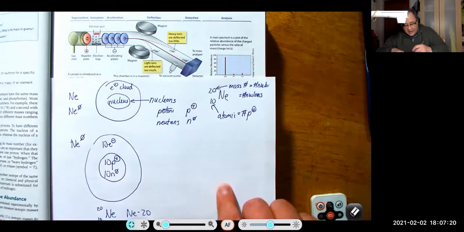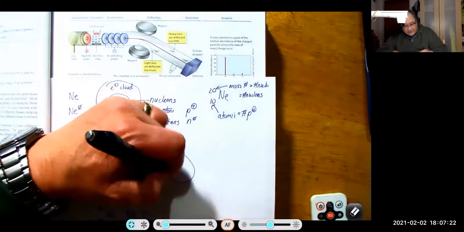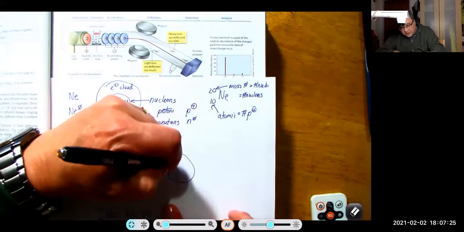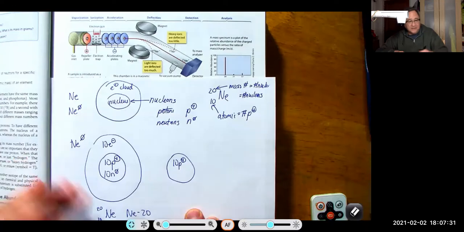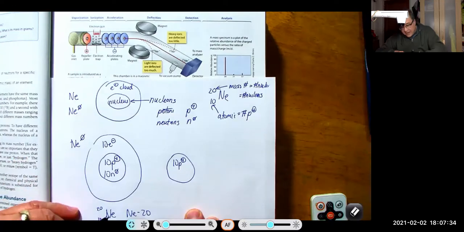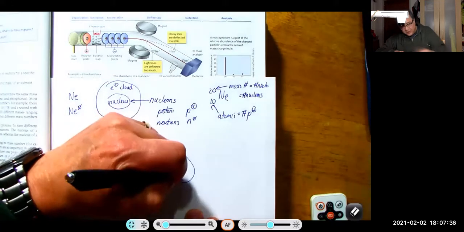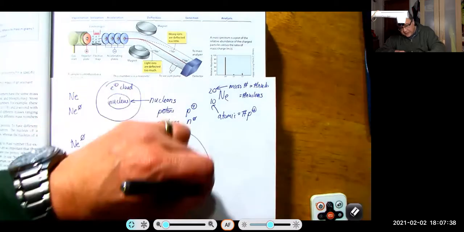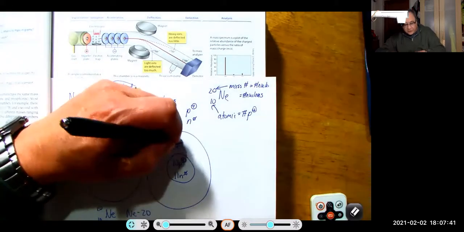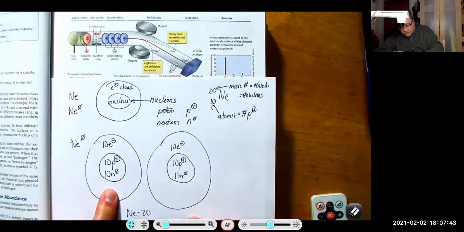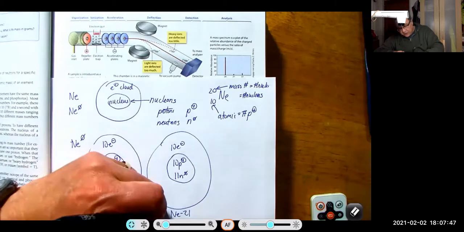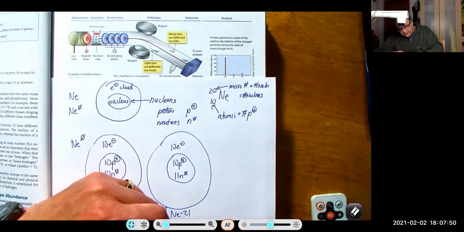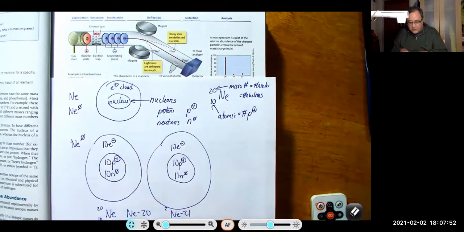Now there's another neon atom that looks like this. Same size, 10 protons, because all neon atoms have 10 protons, all of them. If there's a different number of protons, it's not neon. And you've got 11 neutrons and 10 electrons. This one is called neon 21, and another way to write it is neon 21 and 10. The number at the bottom is always the number of protons.